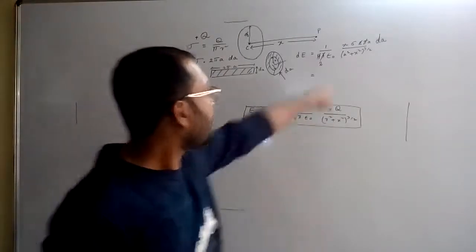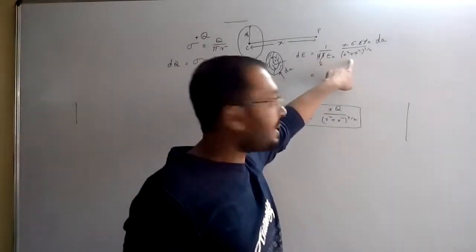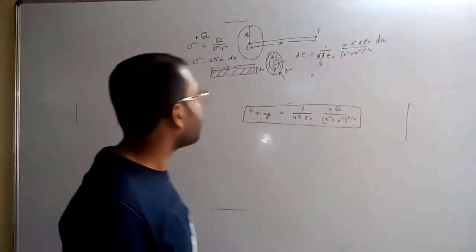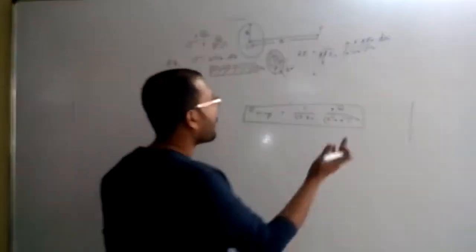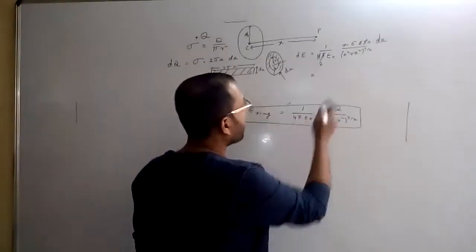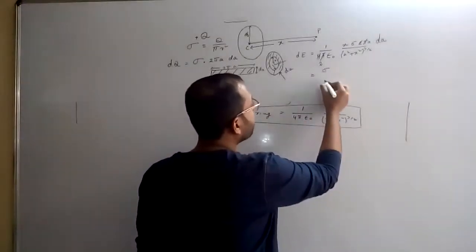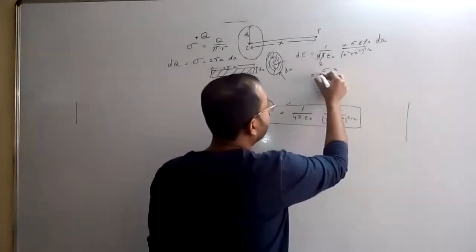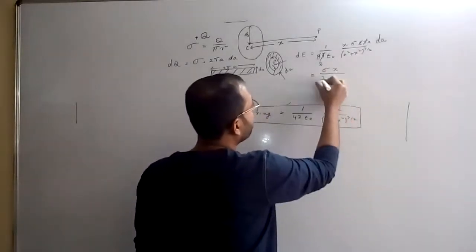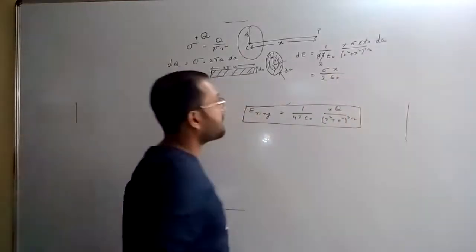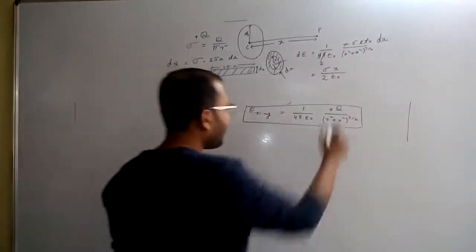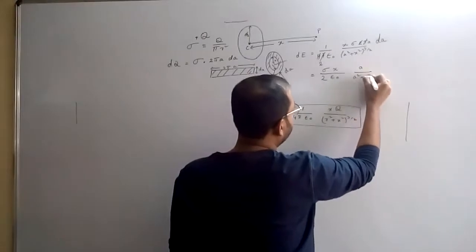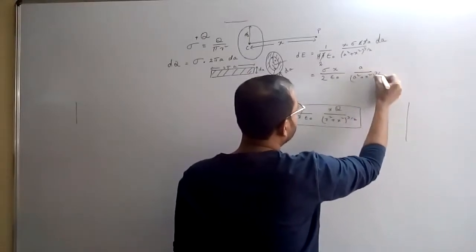Eventually we are going to integrate this, so we better write it in a form that makes it slightly more simplified. So we take all the constants out. We write down the constants first. Sigma is a constant, x is a constant, they are of course in the numerator, 2 epsilon naught comes in the denominator. A is not a constant, and this part of the denominator is also not a constant.